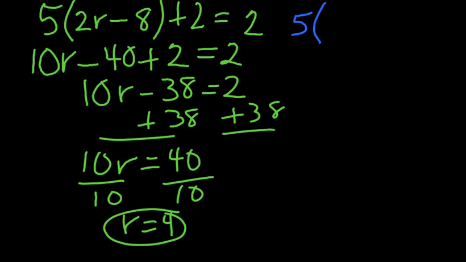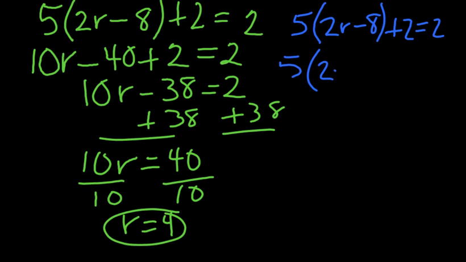Remember, original problem to check is the only way we can actually check. Original problem. So we're going to put 4 in place of r. So 5 times 2 times 4 minus 8 plus 2 equals 2. Now remember, every time you're doing any math, you're following the order of operations.